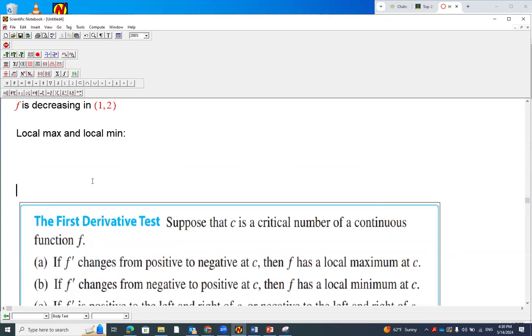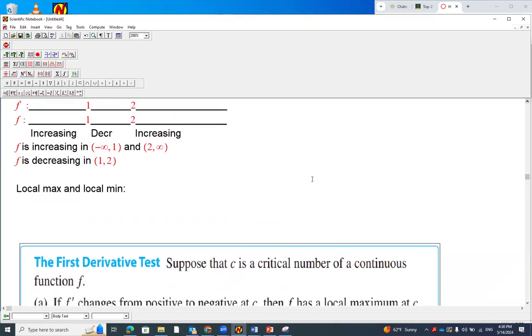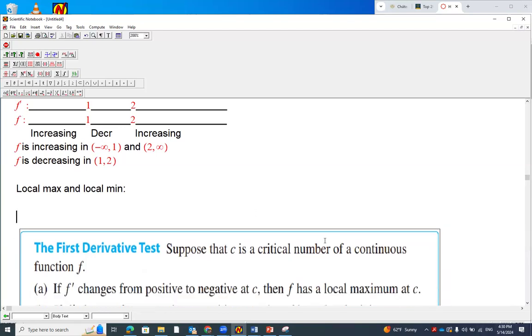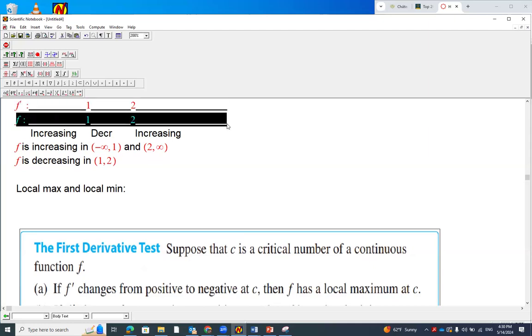We have that picture earlier, right? So you can see we're going to compare word for word. Okay, that's the derivative, right? That's the function, right?